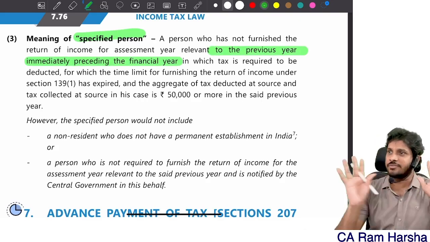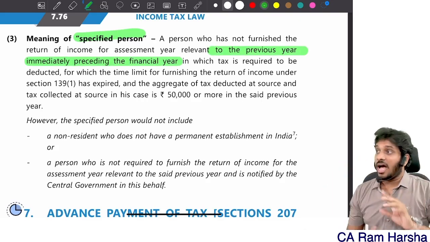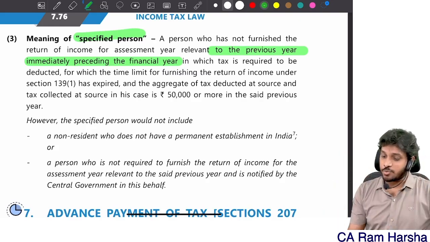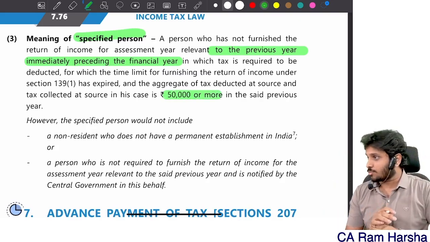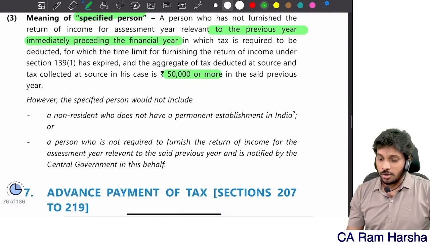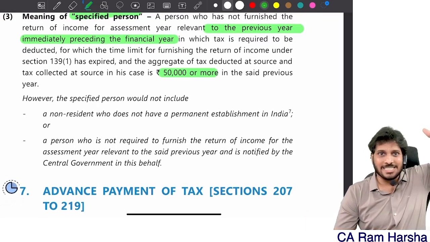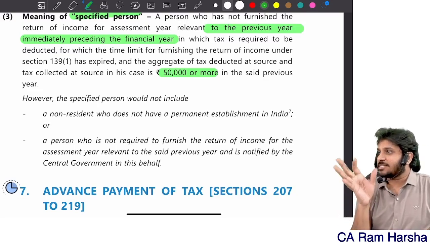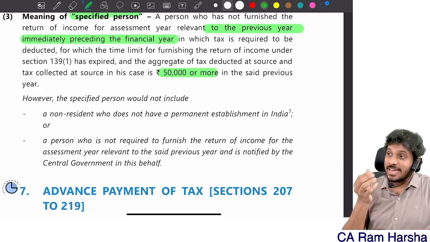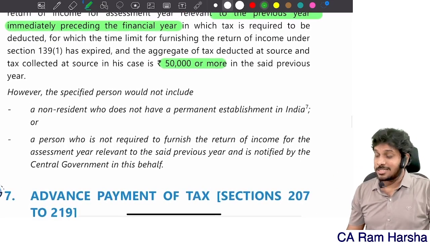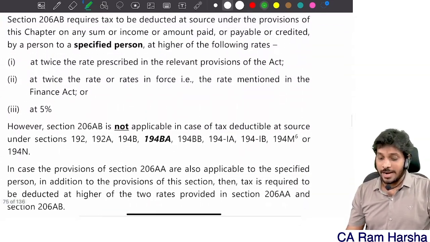Just last year he didn't file the income tax return. And in that last year, that person has TDS and TCS of 50,000 rupees or more. He has not filed the return of income in the last year, but he has a TDS amount. We call him a specified person. If you are making any payment to a specified person, he furnished PAN, everything is good, but still you will deduct TDS at what rate?